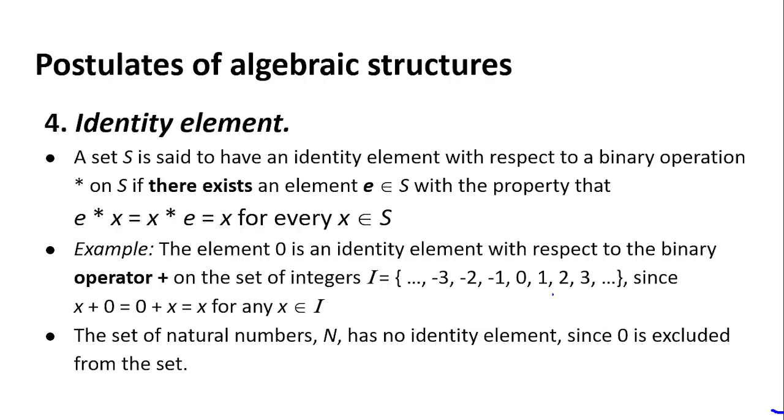Plus is an operator. 1 plus 0, what is the answer? 1 plus 0 is 1. 2 plus 0 is 2. So 2 wants to know who am I. You take the binary operator plus and ask it to stand in front of the identity element, which in our case is 0. So 2 plus 0, you know very well, is 2.